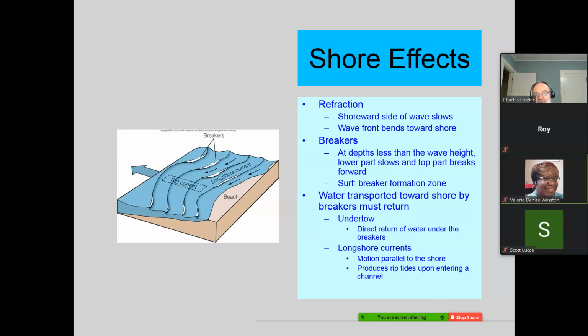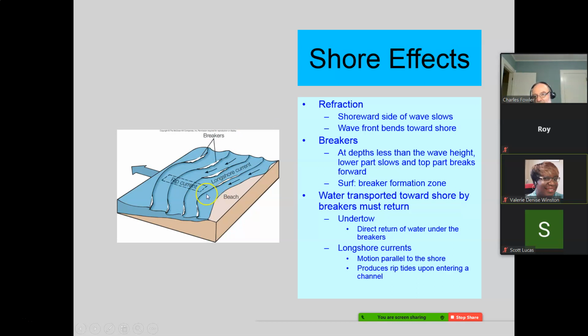Okay, now this is illustrating what I was talking about before. Here the beach is not even, and they've done a sort of poor job here. If you went far enough out to sea, all of these wavefronts would be parallel, but because the beach is not along the same line, they come in and bend. Now these are not quite the bending refraction they were talking about, but the longshore currents are the ones that make you drift down the beach like this.